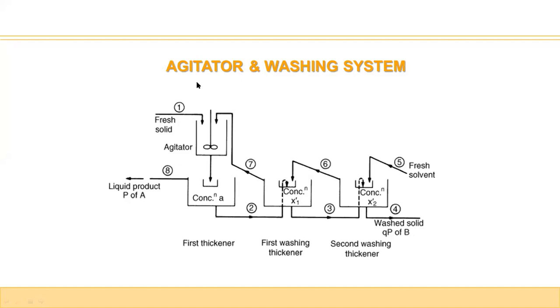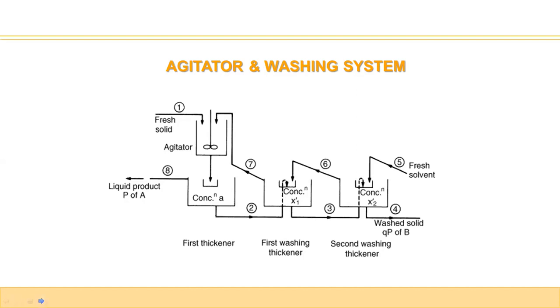If you recall, we said we numbered the thickeners or the stages where the solid is being introduced. So since the solid is being introduced in this first part here, this is our thickener 1, this is our thickener 2, and this is our thickener 3. Our wash solid or our spent solid, the solid that contains very little if none of A, is the solid that leaves the last thickener.